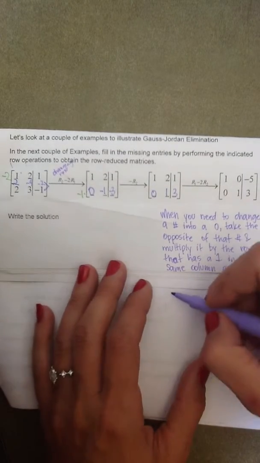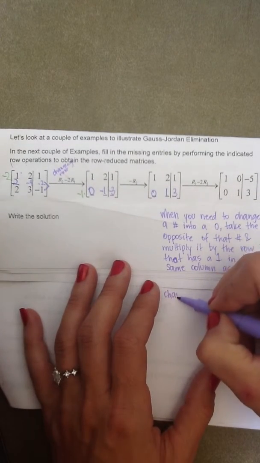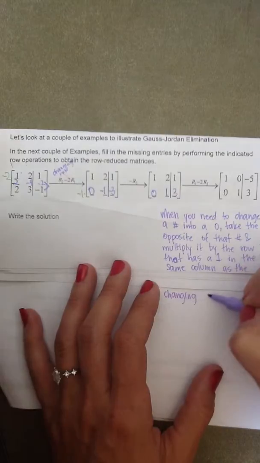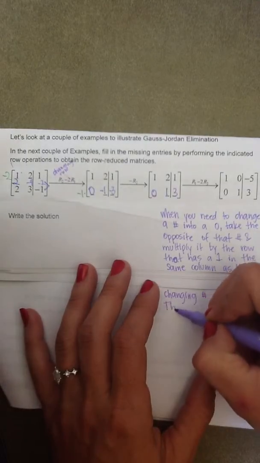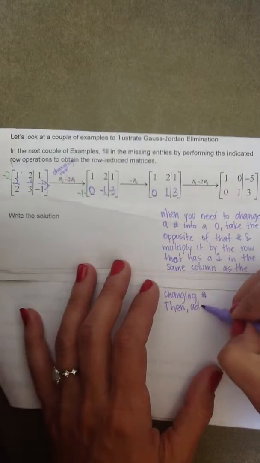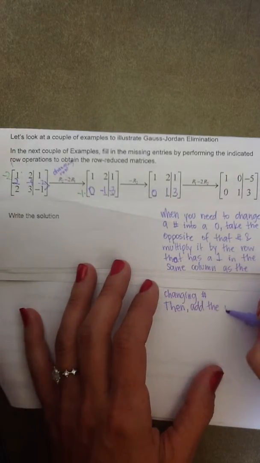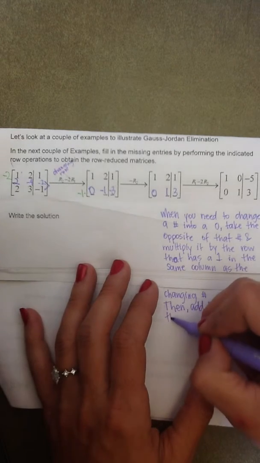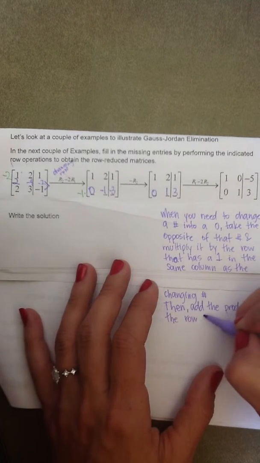I'm running out of room here. Then add the product to the row that needs to change.